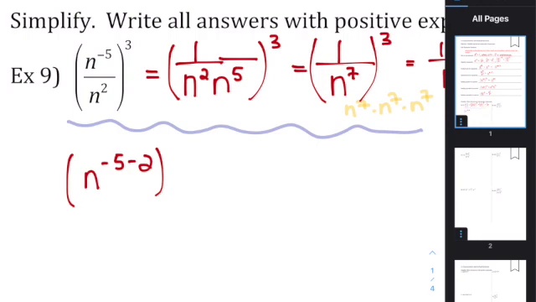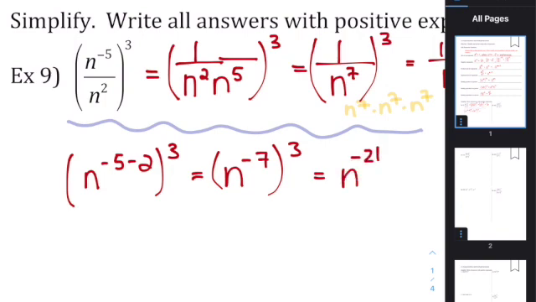I don't like to memorize the formula just because I can forget the formula. That's going to be n to the negative 7 and to the third power. And if you want to flip it, or you can multiply it, because that's a power of a power. So that's n to the negative 21. And that's going to be 1 over n to the 21. That's another way.